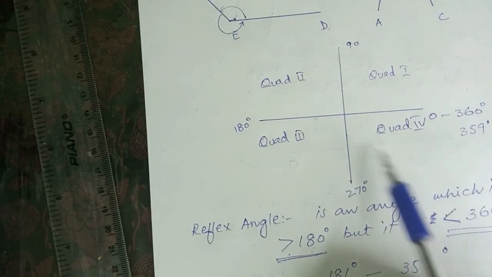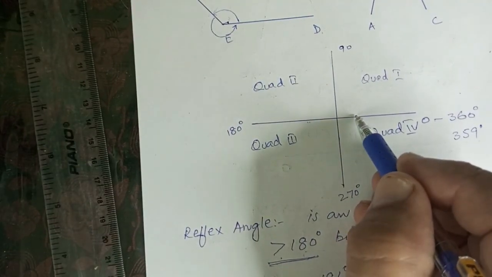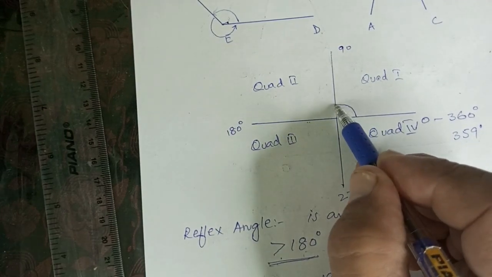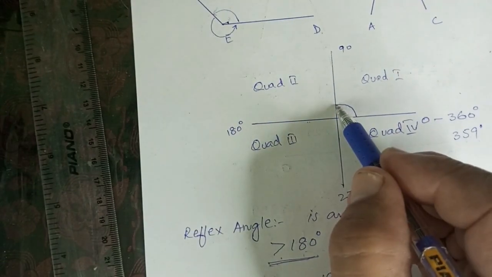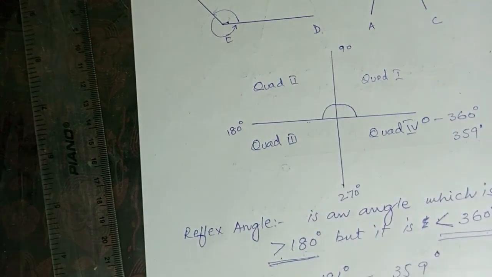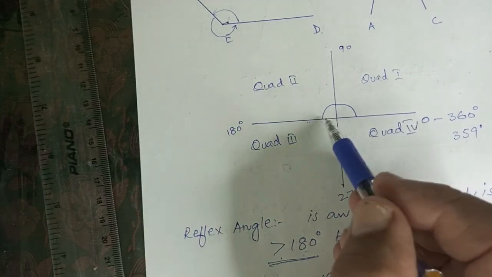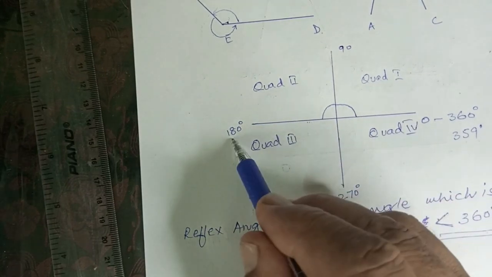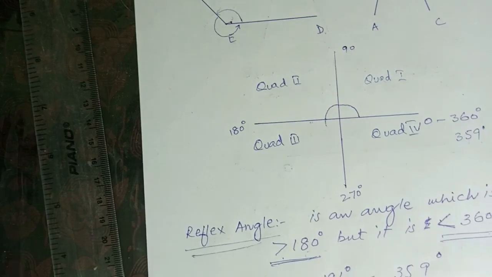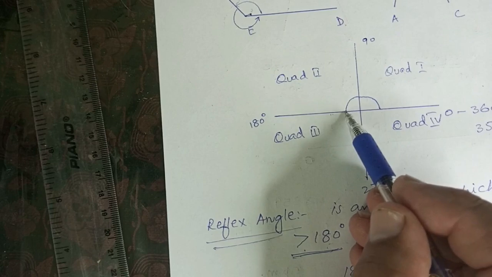Once again, I tell you on the grid, let me travel from here. Now this is 90 degrees. I have traveled 90 degrees, and again to 180 degrees. So I have come from 0 to 180 degrees. As soon as I pass the 180 degree mark, I enter the course of reflex angle.